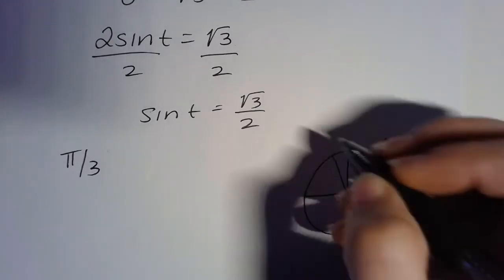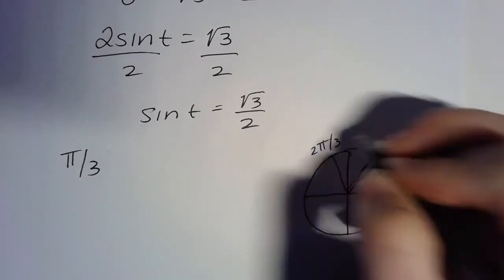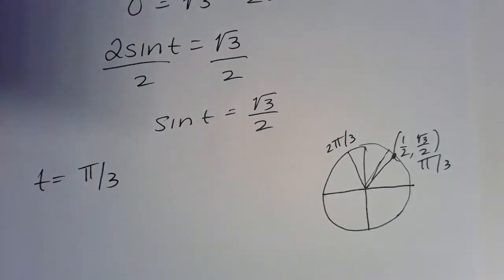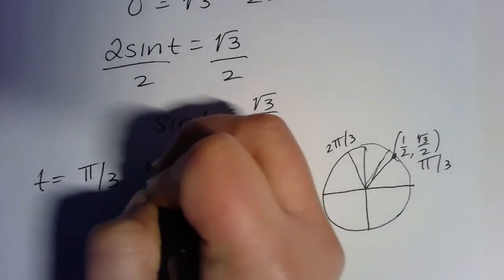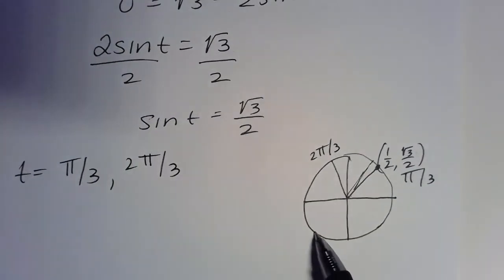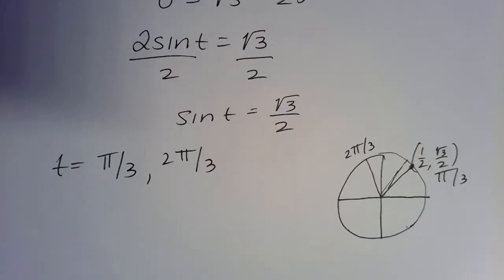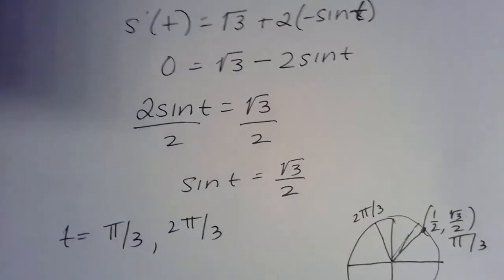So this would be 2 pi over 3. So my two solutions are t equals pi over 3 and 2 pi over 3, because at 4 pi over 3 my sine will be negative, and at 5 pi over 3, which is over here, it will also be negative because y is going down. So those are my two solutions.